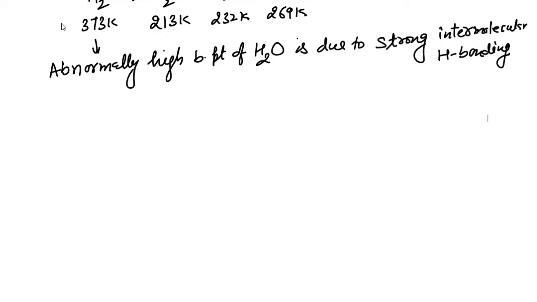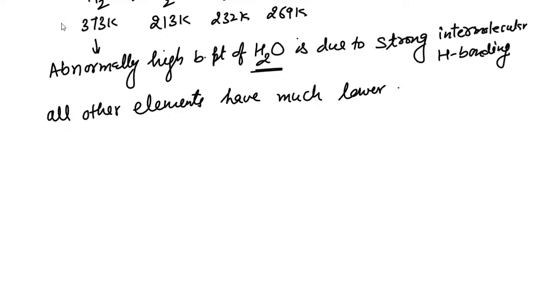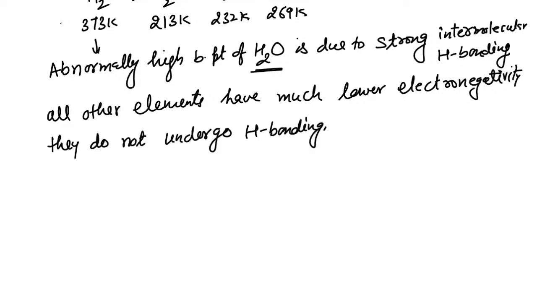But all other elements of group 16 are not. Why? Because oxygen is more electronegative, but all other elements have much lower electronegativity, and because of this they do not undergo hydrogen bonding. This is the main reason why water has strong intermolecular hydrogen bonding.